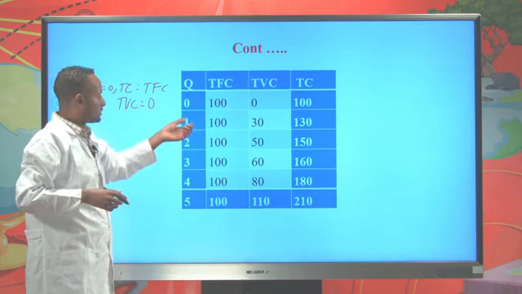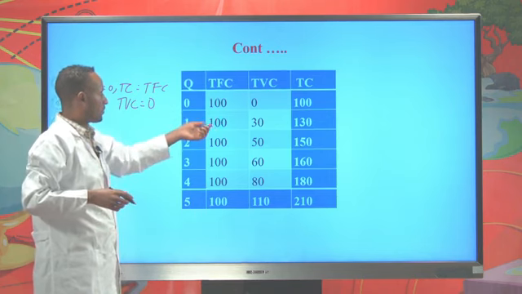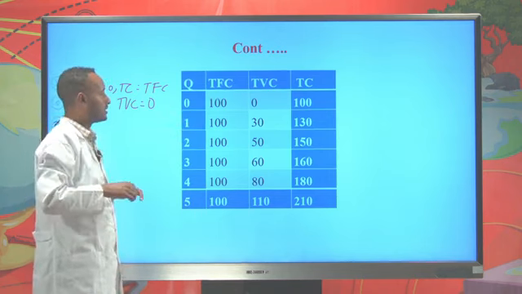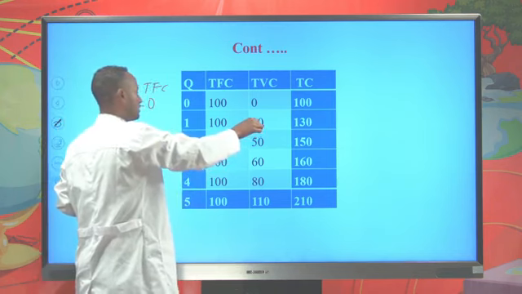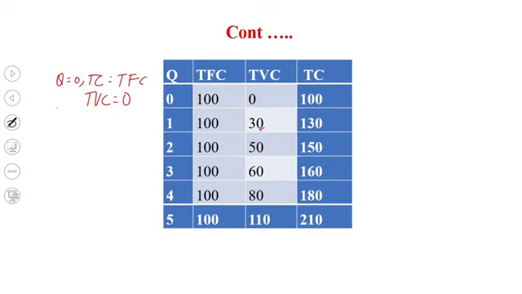If the total fixed cost of producing one unit of a commodity is 100 birr and the total variable cost of producing one unit is 30 birr, then the total cost of production is 130 birr.